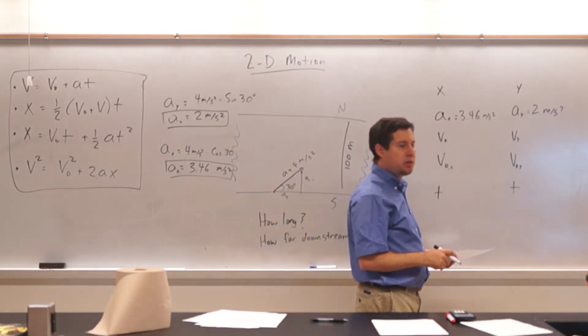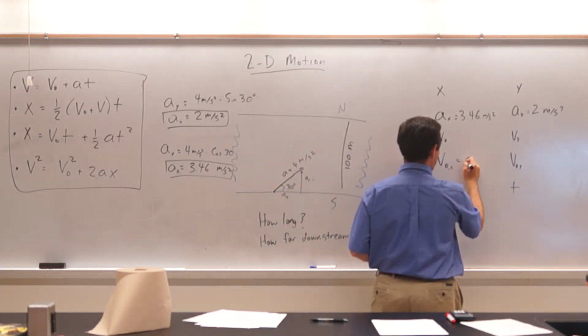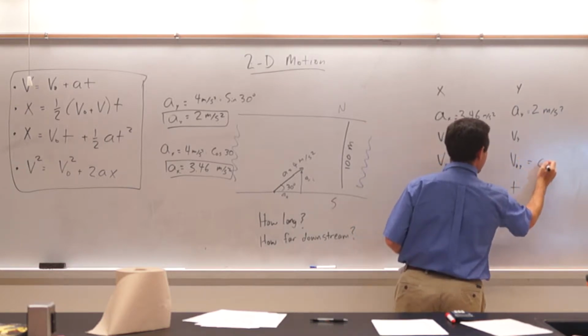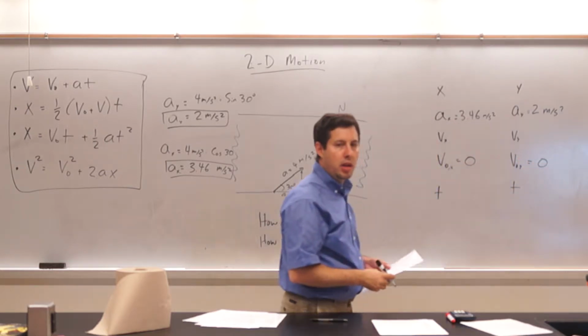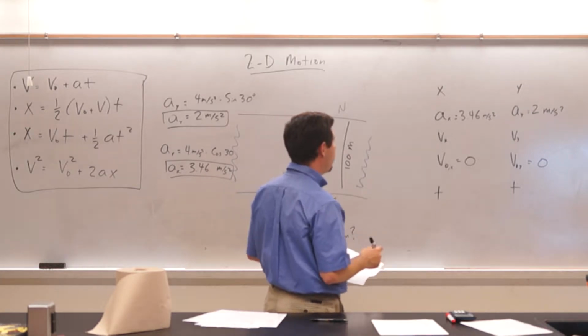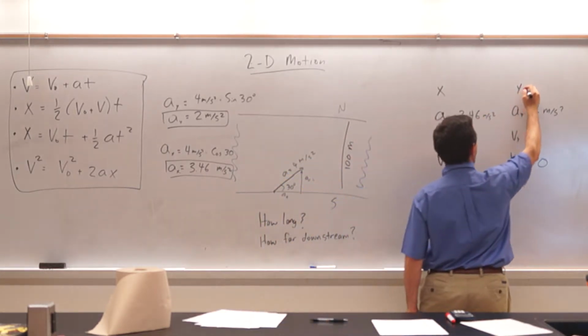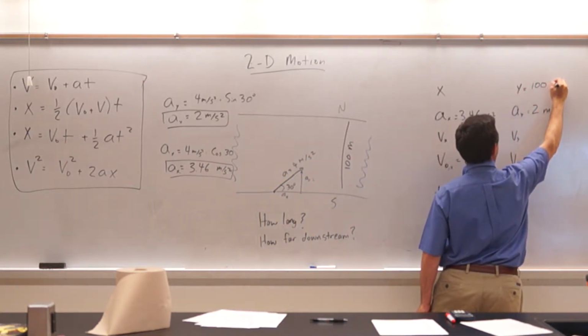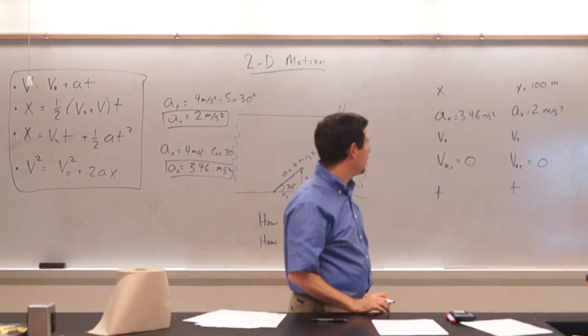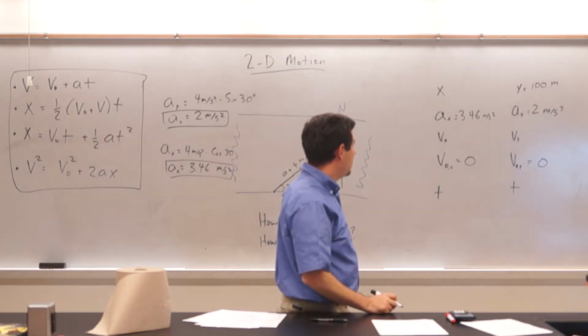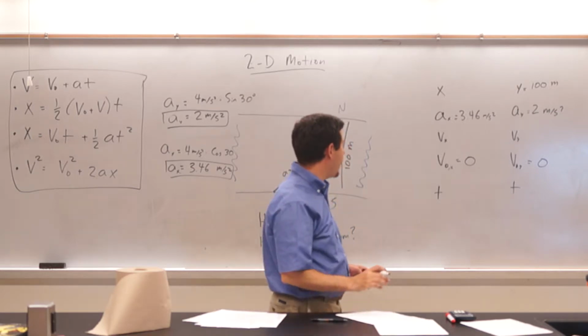We're going to assume that it starts at rest, meaning its initial velocity in both the x direction and the y direction is 0. And then in order to cross the river, it needs to go a total of 100 meters. So this is all that we know right now.